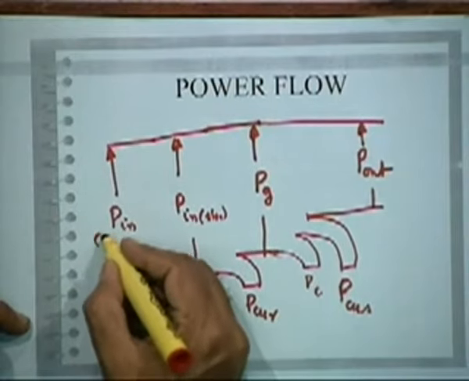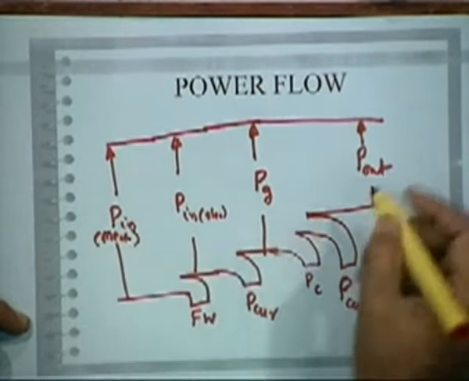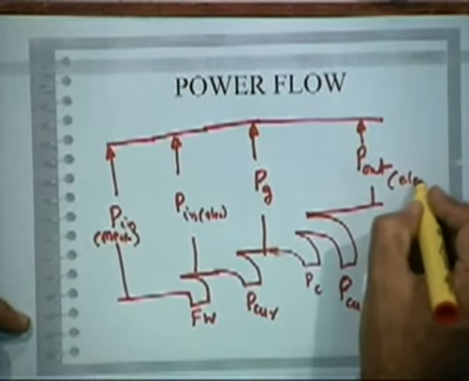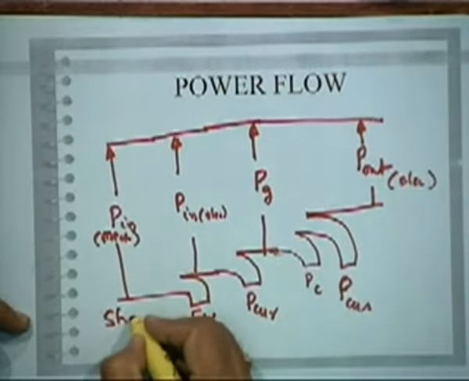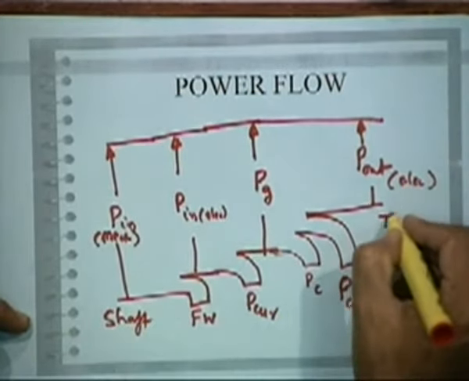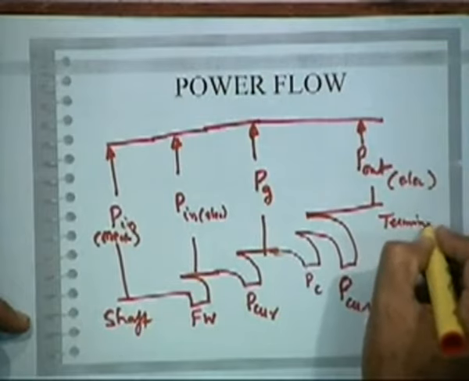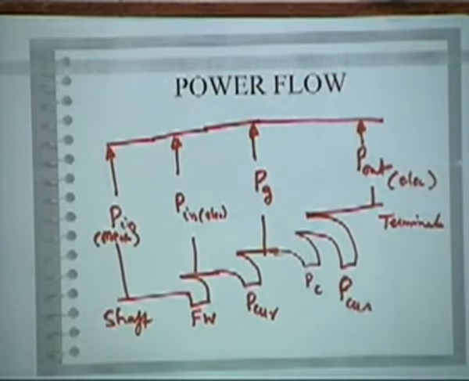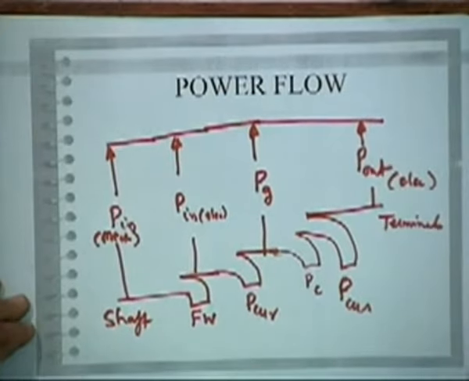So this will be in mechanical form and this will be electrical form. This will be fed to the shaft, this will be fed to the terminals. So this will be the power flow. Is it clear? We have just reversed what was happening in the motor. Okay.